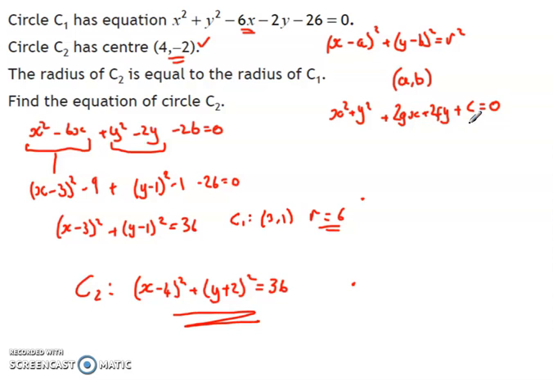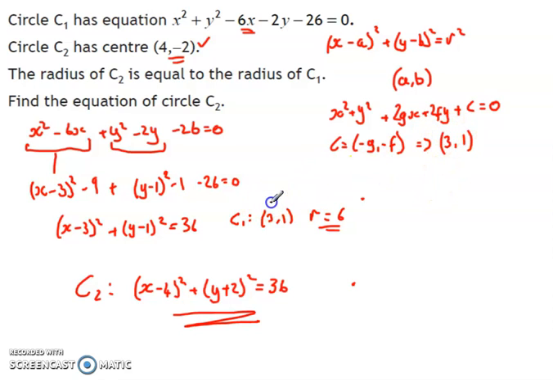Because I know the centre of my circle is given by minus g, comma minus f. So in this case 2g equates to minus 6. So g is equal to minus 3. So then the centre of this circle is given by 3, and then the 2f equates to minus 2, so f is minus 1. So the centre of my circle is given by 3, 1.